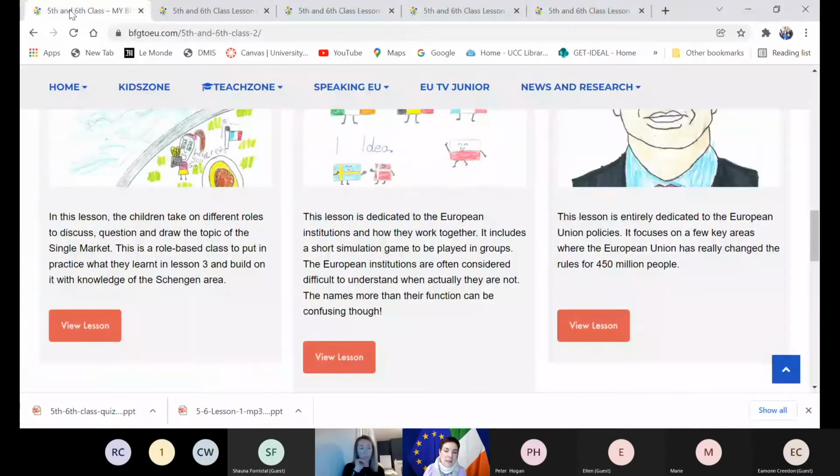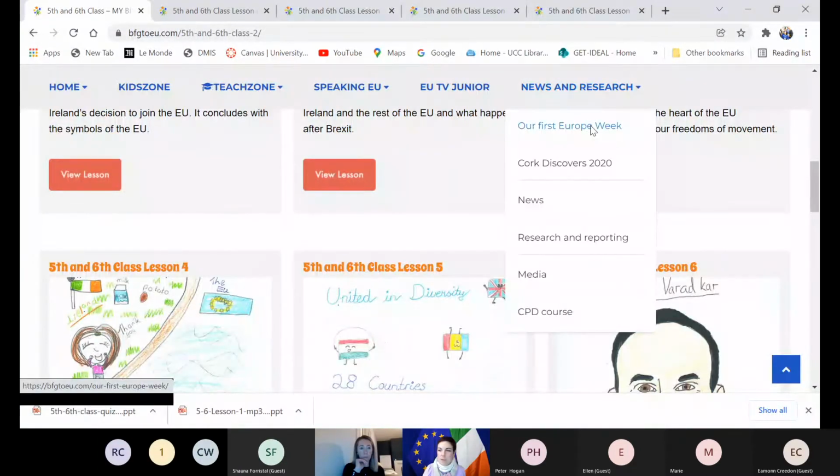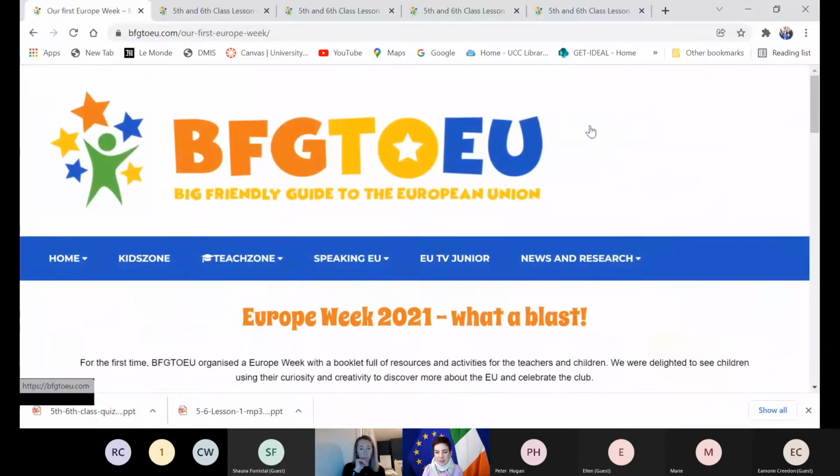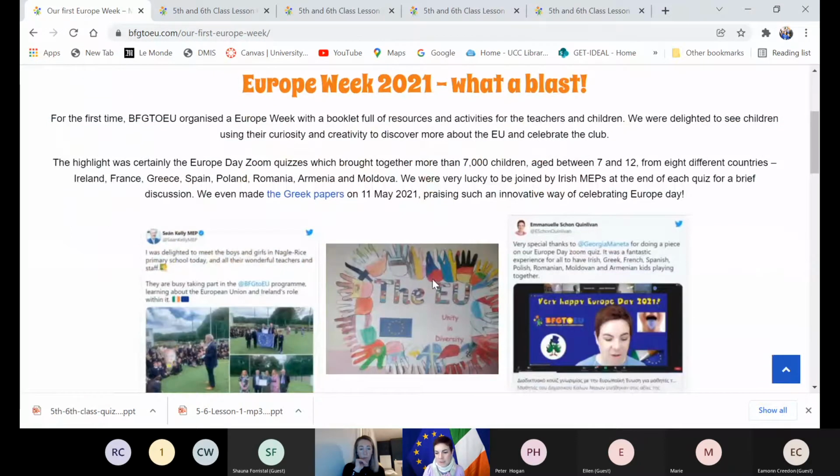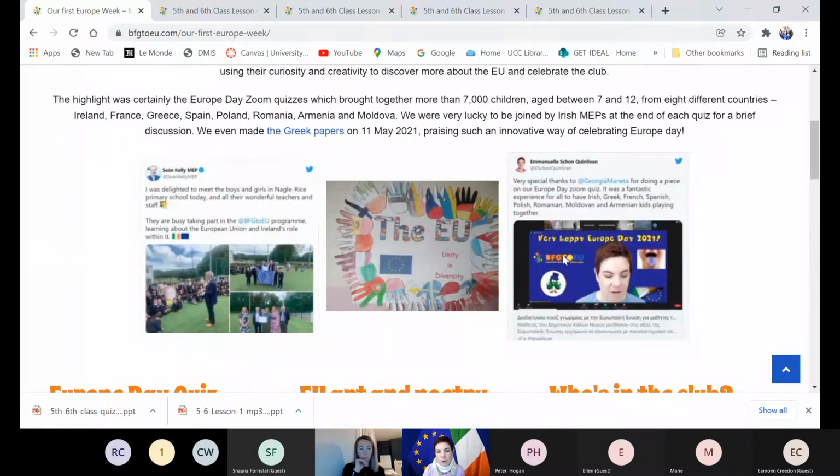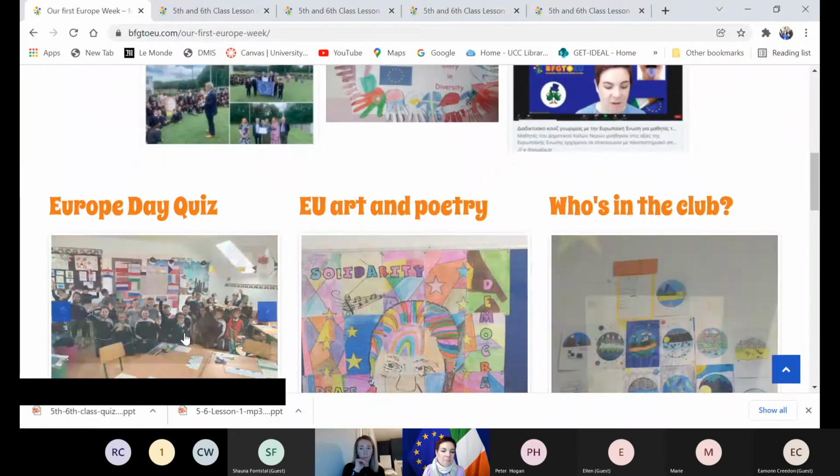I might just show you. We did that last year for Europe Week, and it was a fantastic success. So if I go to our first Europe Week, there are 3 different designs, a map and 2 portraits. So this was our Europe Week. We were even in the Greek papers, which was great.